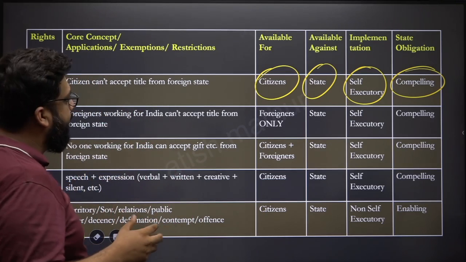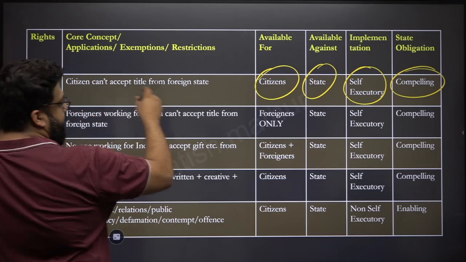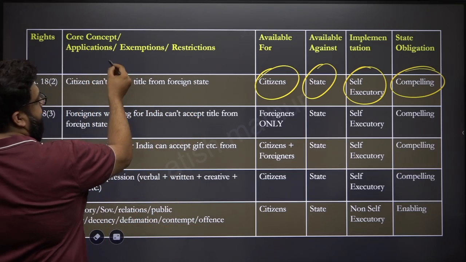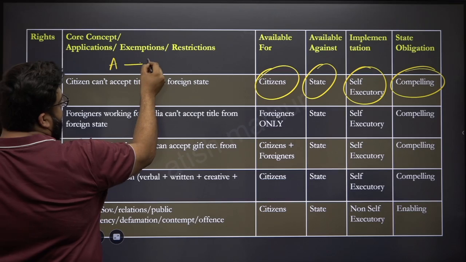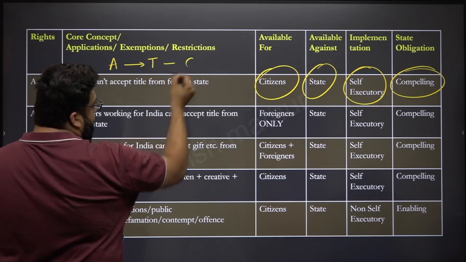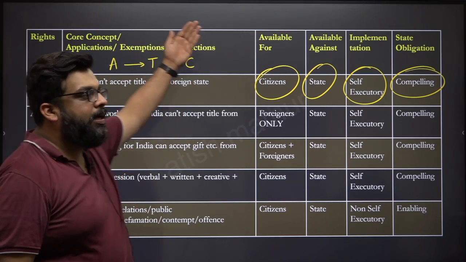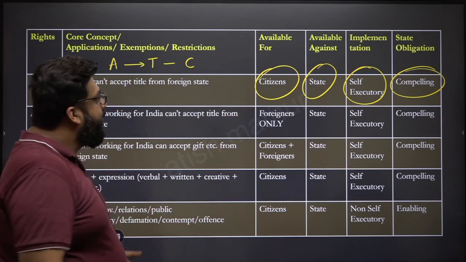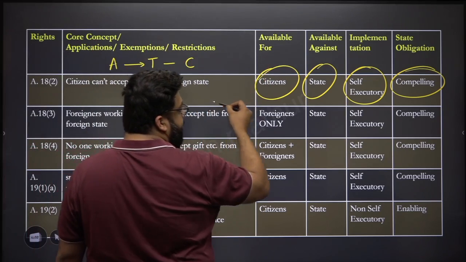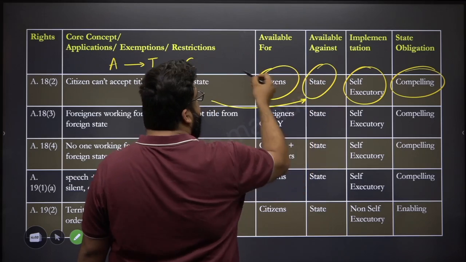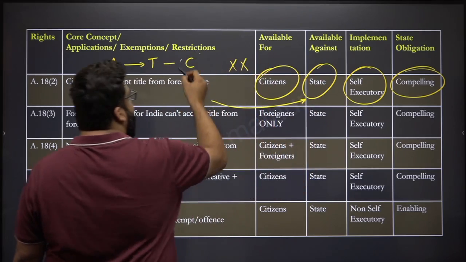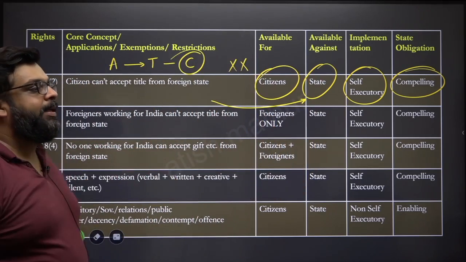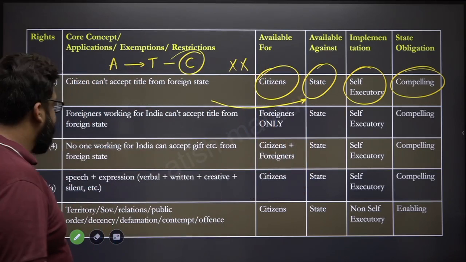Now, very interestingly, though this is the right, so what if a citizen A accepts a title from a foreign country, right? A foreign country is not justiciable in India. So what you do is you file an objection with the state that the state did not take any action preventing the citizen from accepting that title, which is why you need prior permission, right?